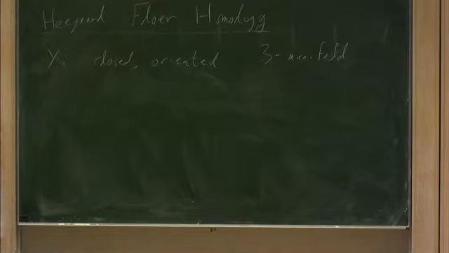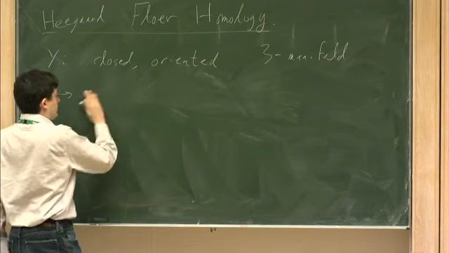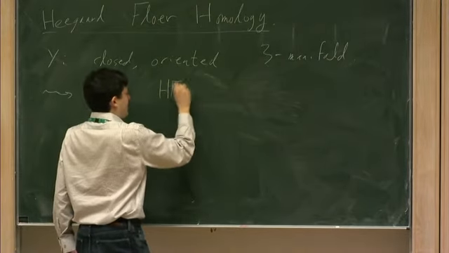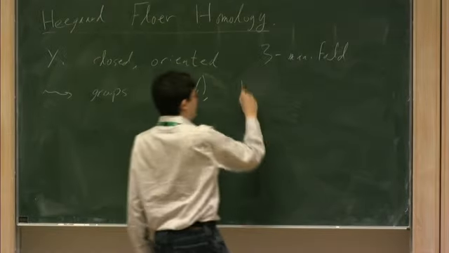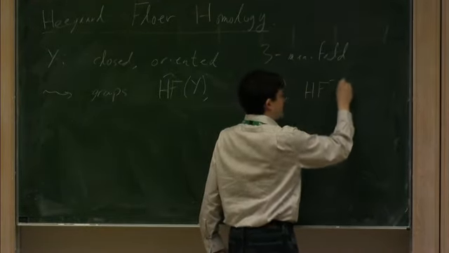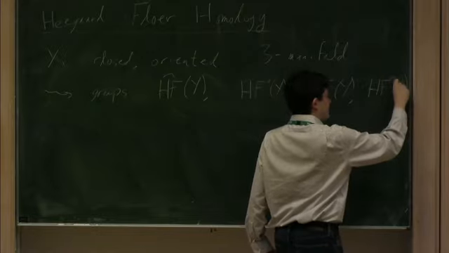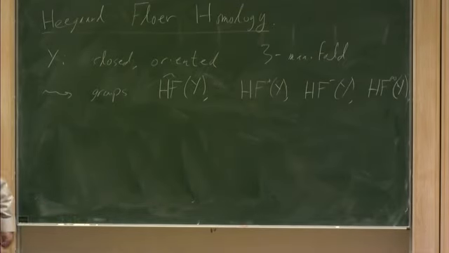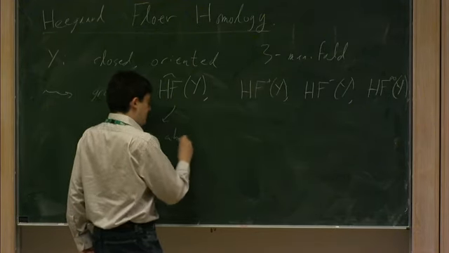And what we're going to try to do is assign to Y some abelian groups, HF-hat of Y, that's going to be the most basic version, and then HF-plus of Y, HF-minus of Y, and HF-infinity of Y. Those are going to be the basic invariants. This is going to be a finitely generated abelian group.